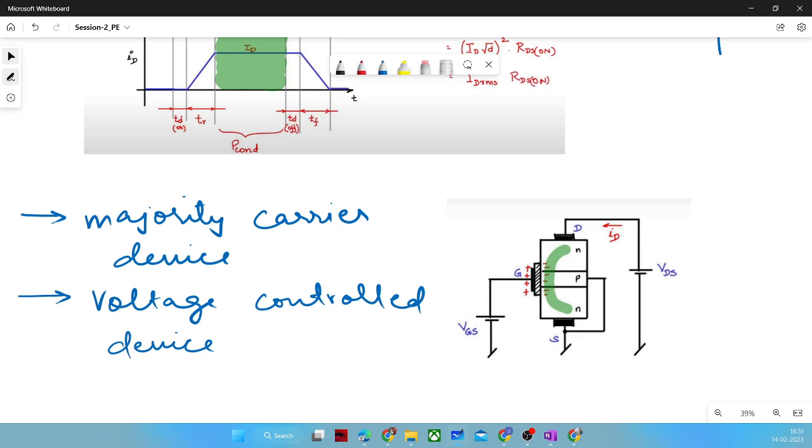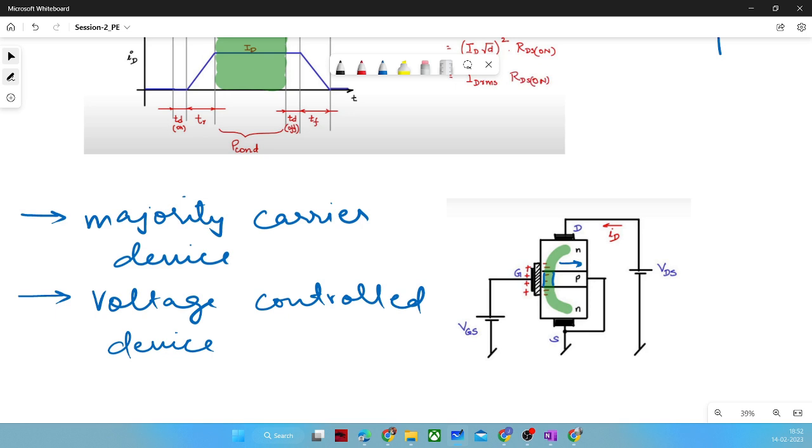But here, this electric field is created in such a manner that the P layer is getting depleted and an N channel is formed. This electric field will repel the holes or whatever positive charge carriers, and it will create an n channel.